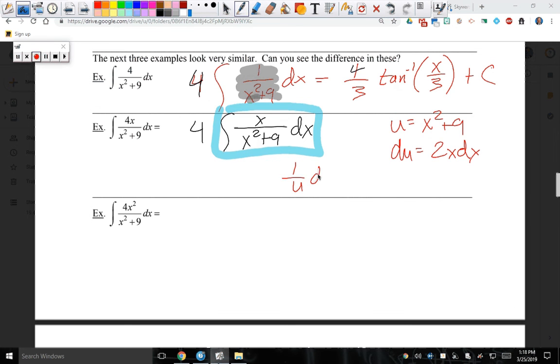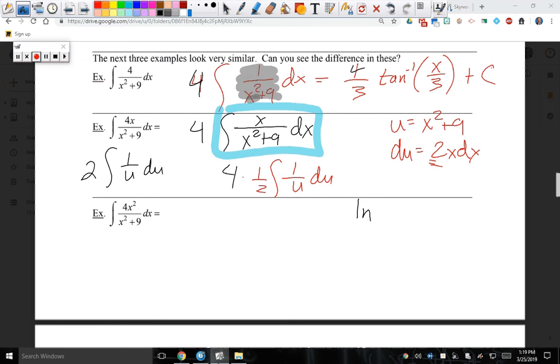1 over u du, and then the 1/2 comes out because of that. Then the 4 is out here. The 4 times 1/2 simplifies to 2, 1 over u du. And can someone tell me what's the integral of 1 over u?